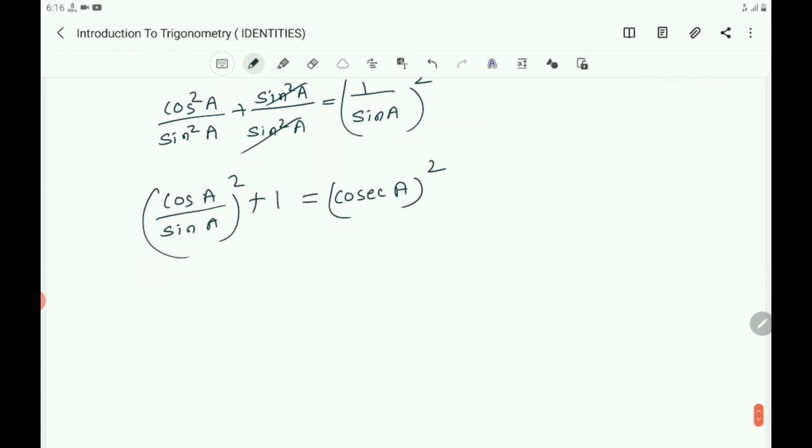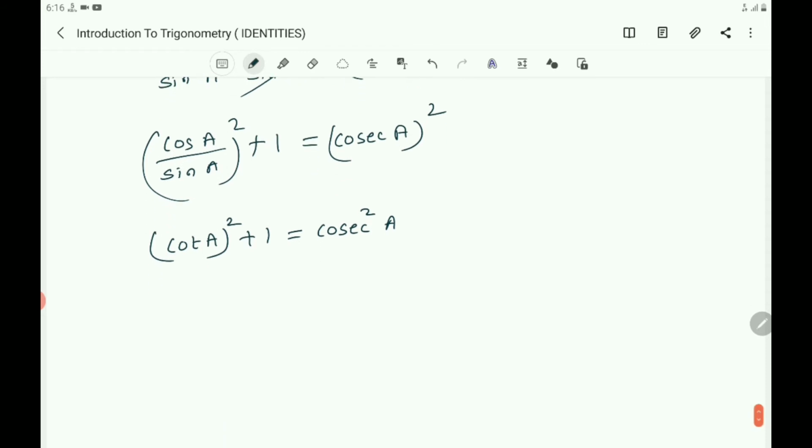Then cos by sin is cot. That is cot a whole square plus 1 equals cosec square a. Cot a whole square is cot square a, so cot square a plus 1 equals cosec square a.